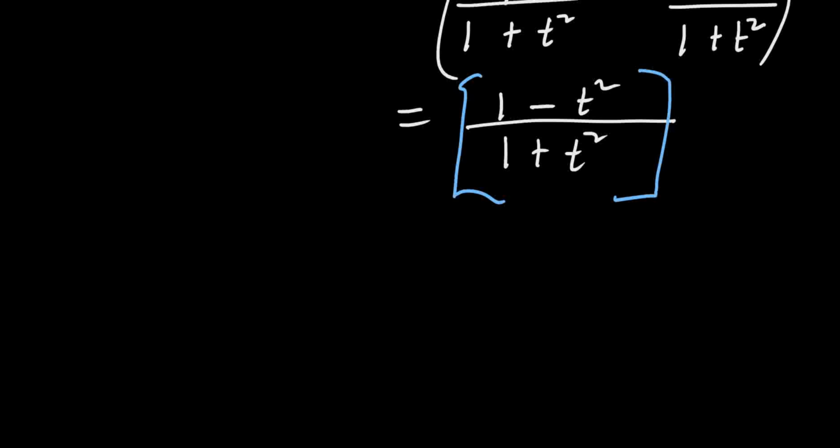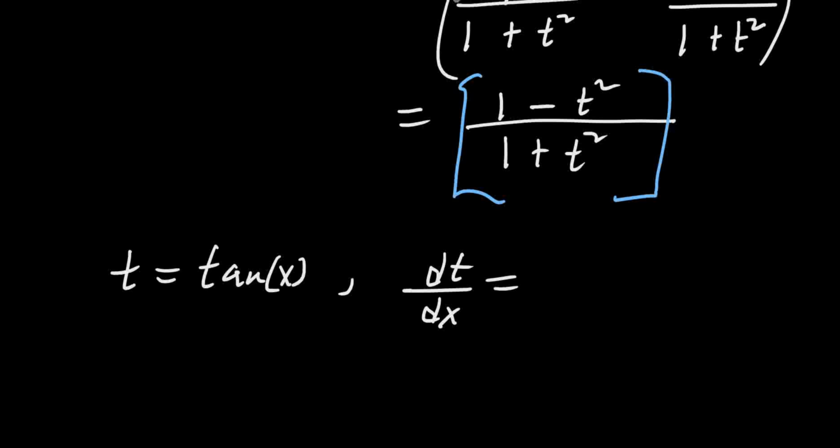Also, let's establish this. t is equal to tan x over 2. If we take the derivative of t with respect to x, that will become dt over dx, and the derivative of tan, remember, we are dealing with x over 2.